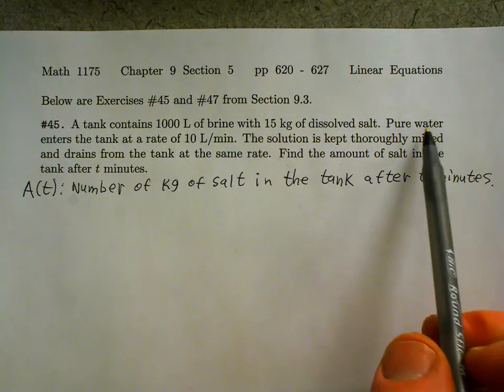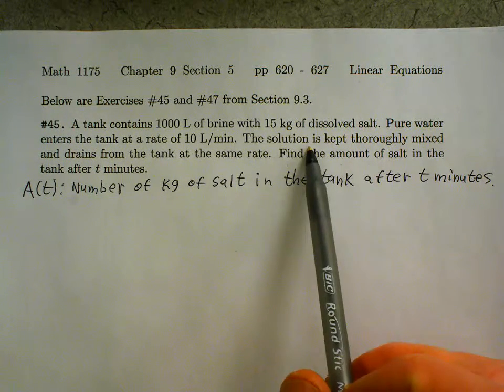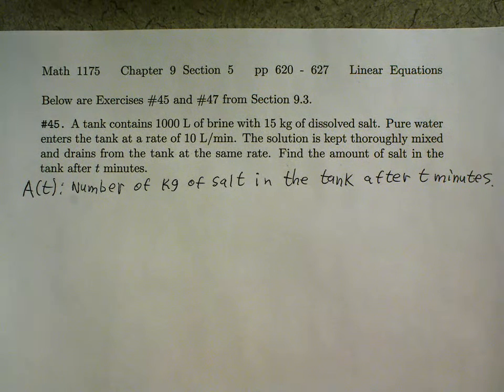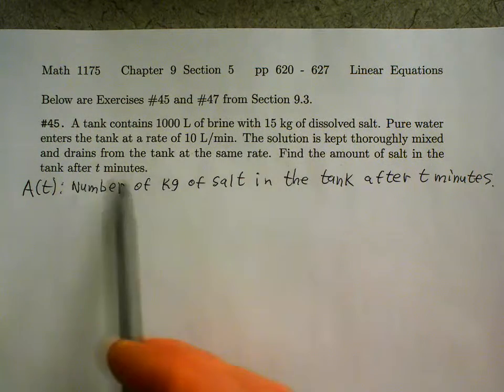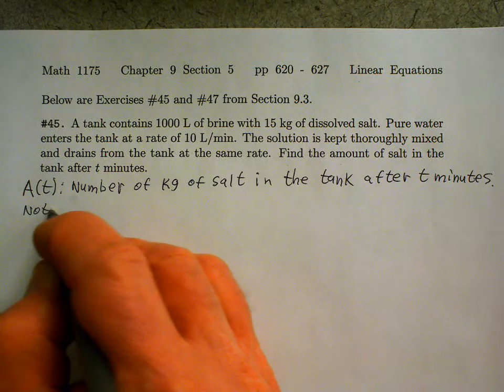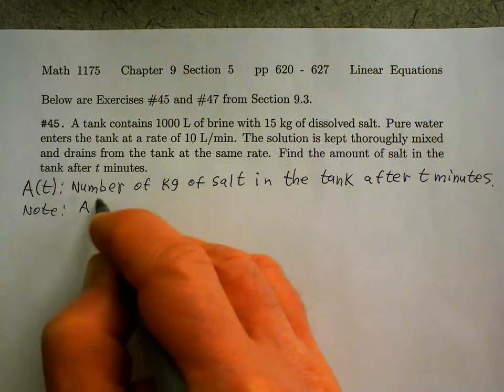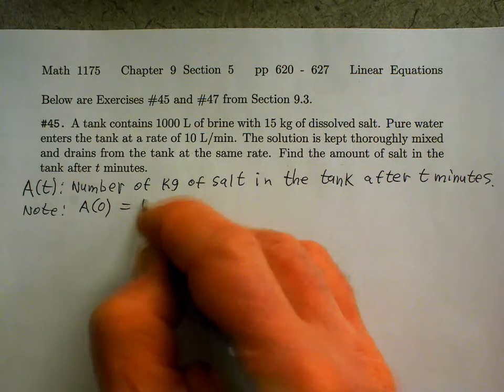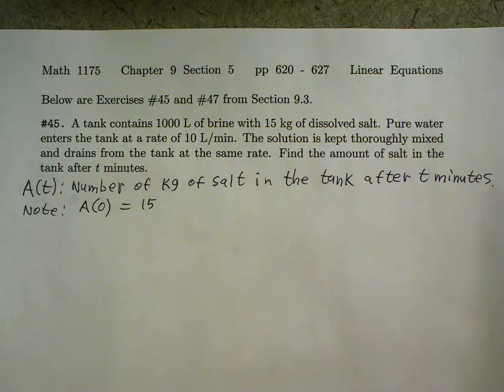In the second and third sentences, we're given information about the rate of change of the amount of salt in the tank with respect to time measured in minutes. Before going on to the differential equation, just note that the initial amount of salt at time t equals 0 is 15 kilograms. That's what we're starting out with.